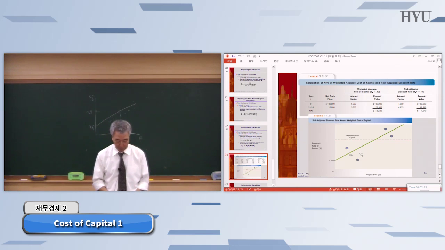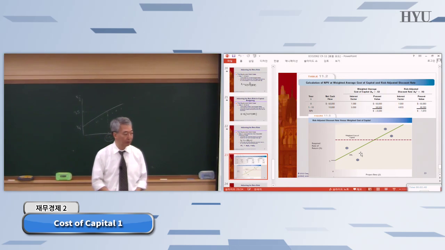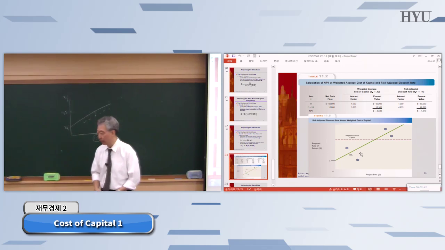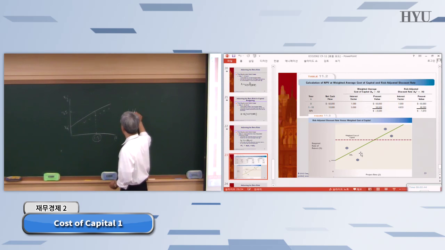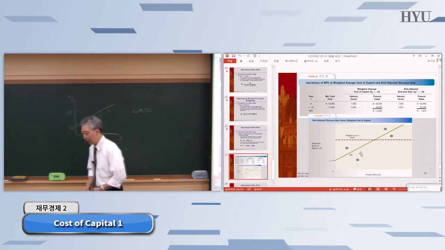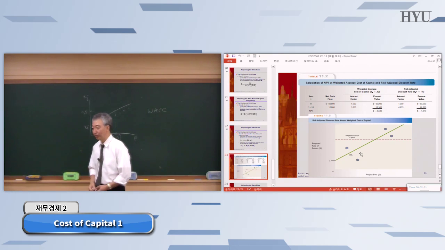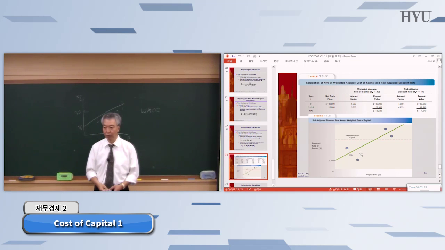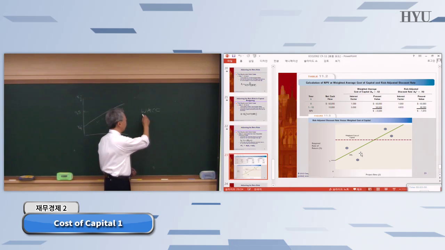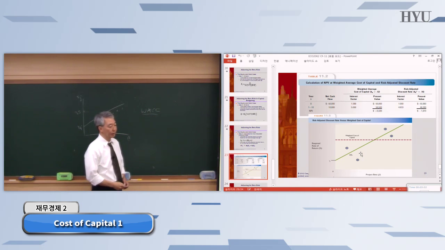What this graph is telling us is that if you consider just the weighted average cost of capital, WACC, again, we have not formally discussed WACC yet. We'll do that in chapter 12, I think, on cost of capital. But for now you can consider it the average cost of capital.